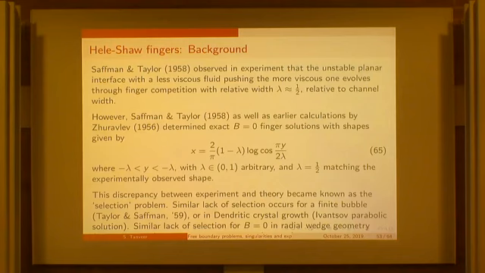So basically, what they found is that through a process of finger competition, it eventually settled into a single symmetric finger, symmetric about the channel center line, with approximate width 1/2. And as we'll see, 1/2 is not a magic number. If you arrange the experiment in a different way, you would have any number between 0 and 1/2.